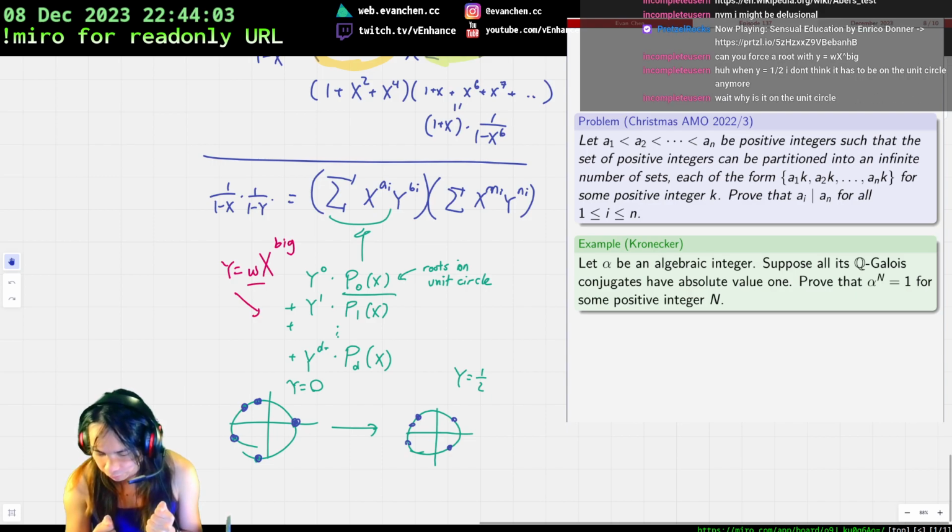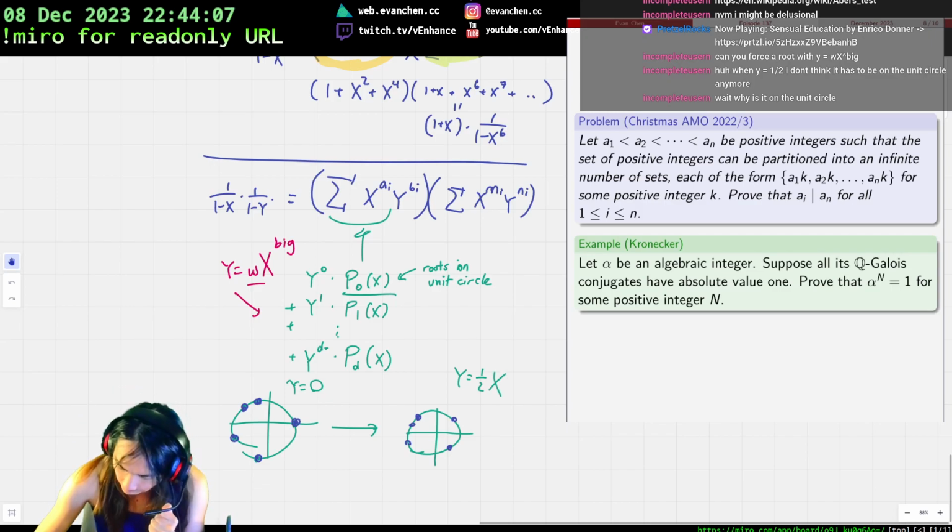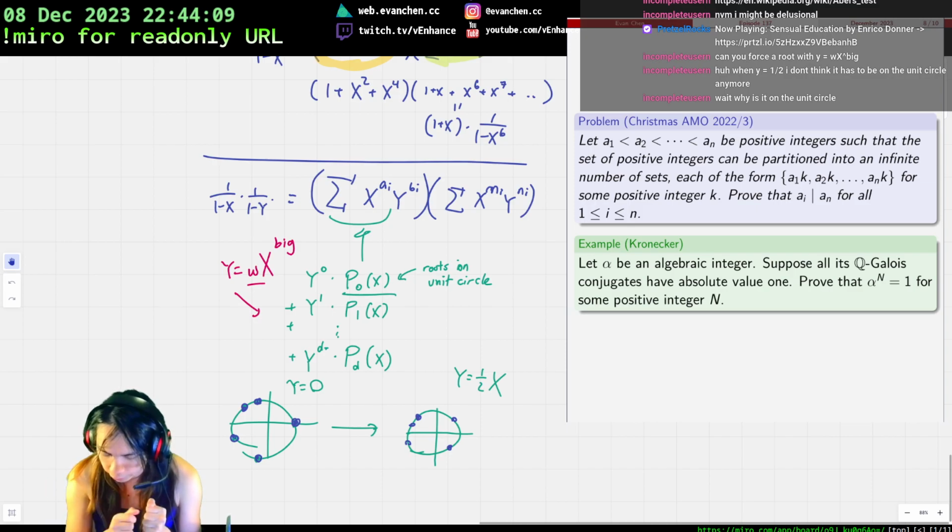So what I need for that to happen is, sorry, let's do 1/2 x. That way the constant coefficient is still 1. And the leading coefficient, oh, it might not be.